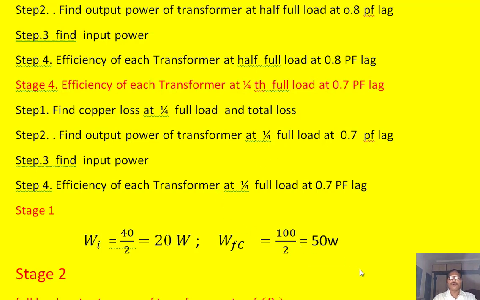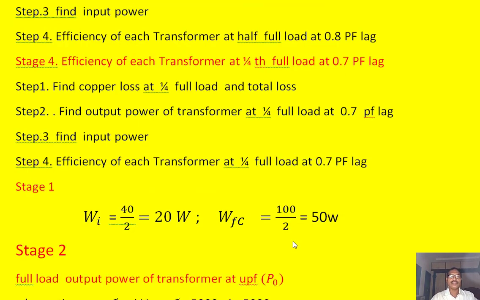So the full load copper loss is 50 watts for each transformer, and the iron loss for each transformer is 20 watts. Remember, this iron loss won't change with the load conditions, it will remain the same whatever load we connect to the transformer, whereas the copper loss changes with the load condition. These two things we have to keep in mind.